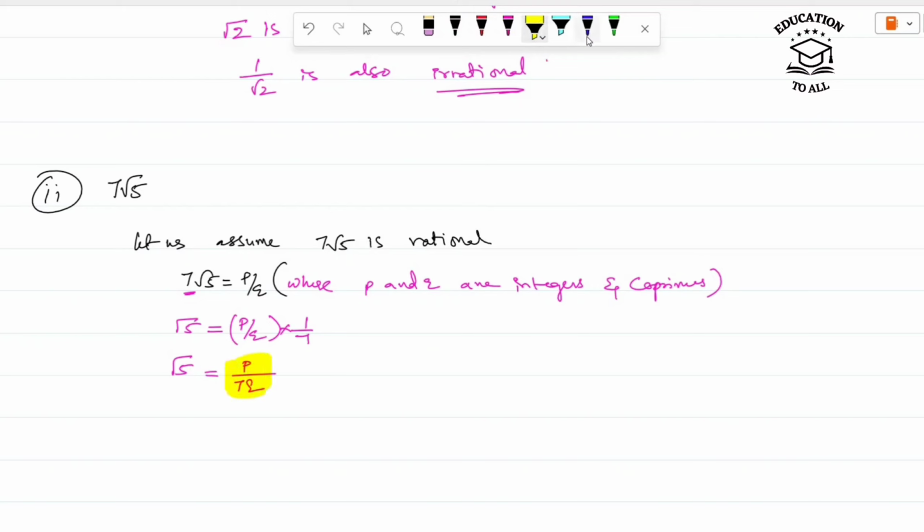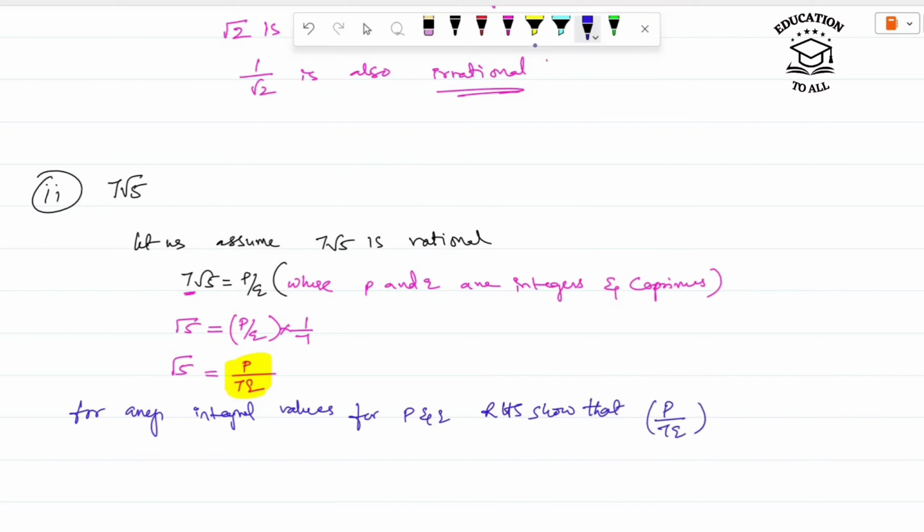So for any values of this RHS, what happens? It's rational. So for integral values for p and q, RHS, p by 7q, actually shows that it is rational.